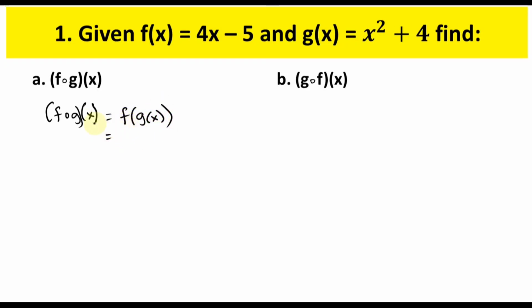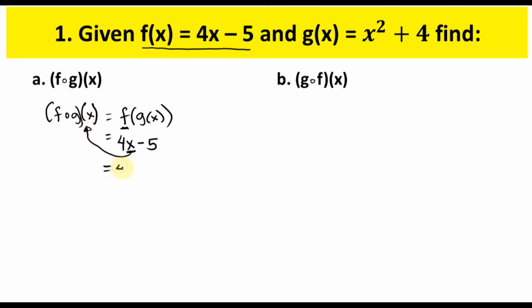So ang given ng f of x is, kasi una ito, so we'll find the value of f of x. So ang f of x natin is 4x minus 5. Then you need to replace x by the value of g of x. So i-replace lang natin sa value of g of x.